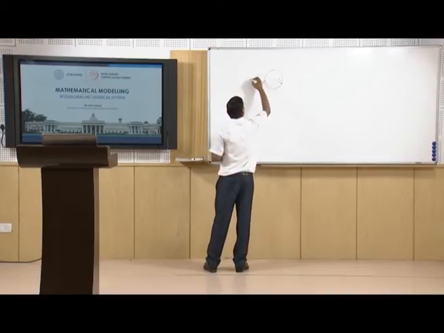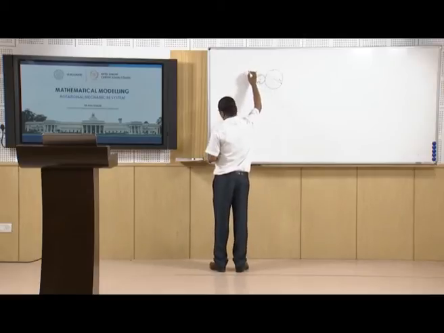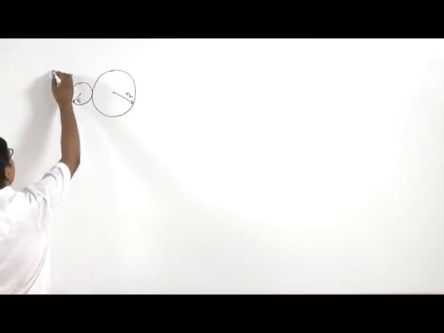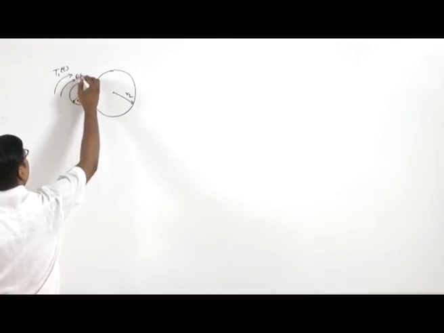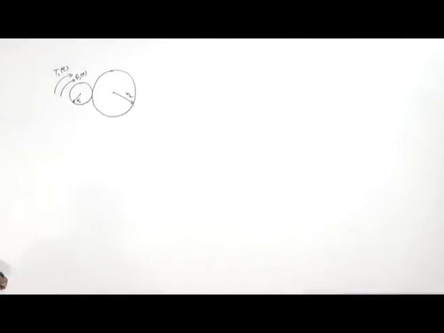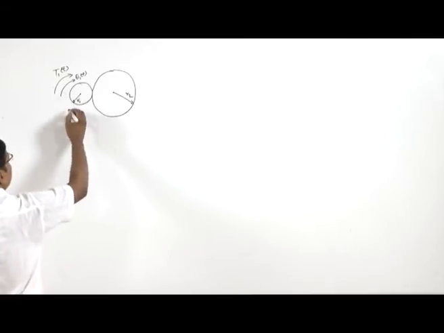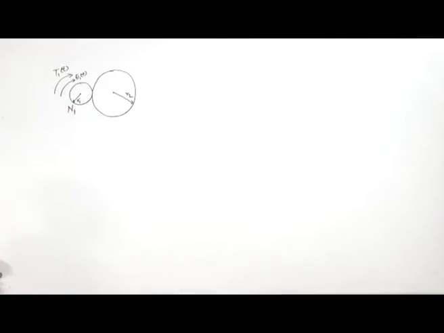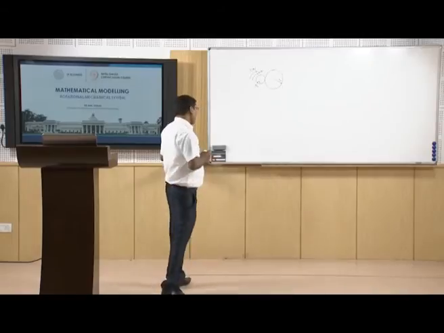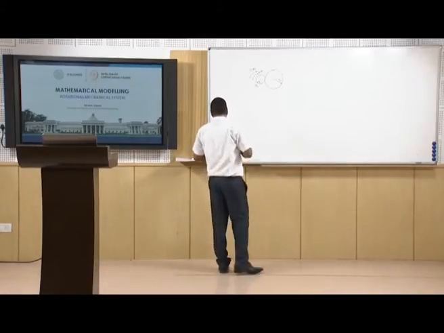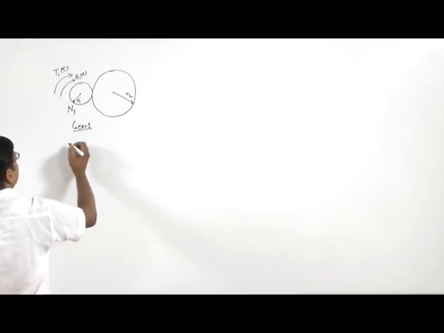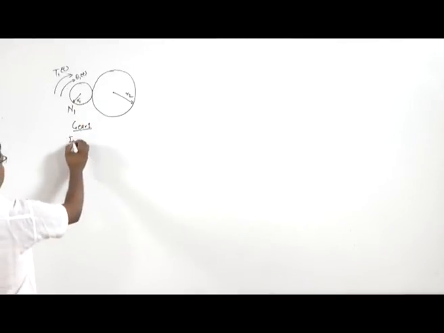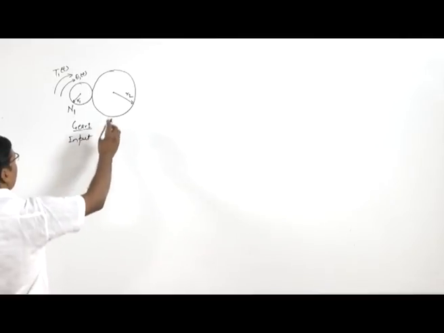Suppose this shaft is applied with the torque T1(t), and there is the angular displacement theta 1(t), and it has a number of teeth n1. So n1 is the number of teeth on this first gear, and this is gear 1. Here we are giving the input. Now this is gear 2.